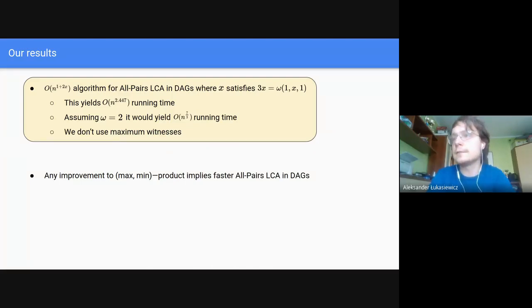Given the current bounds on ω, it runs in O(n^2.447). It might not seem like much of an improvement, but what is probably most important is that, assuming ω equals 2, we get a running time of n^(2+1/3). So it's like a new complexity class of intermediate complexity problems.